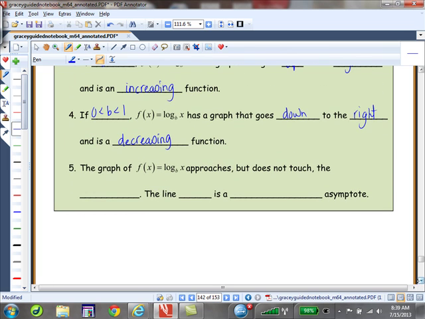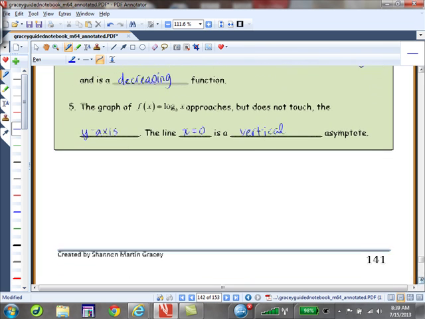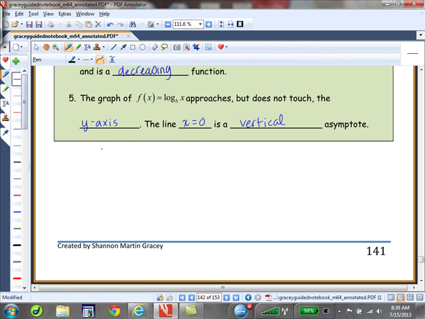So the graph of f of x equals log base b of x approaches but does not touch the y-axis. The line x equals 0 is a vertical asymptote. Here's just a little picture of what's going on in those situations. When b is greater than 1, you're going to get a graph that looks something like this. It's going to go through 1, 0.